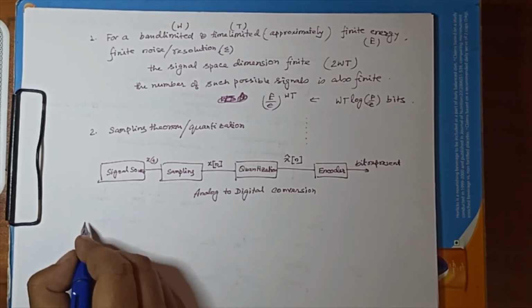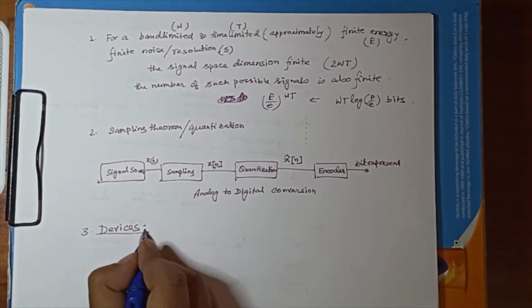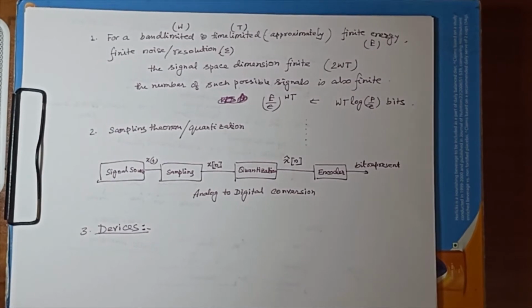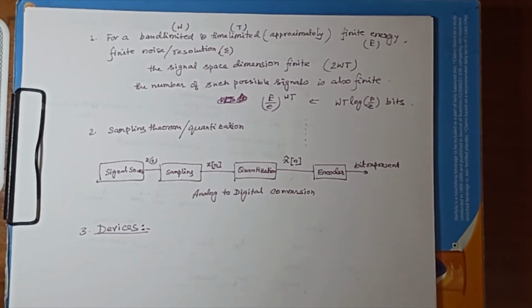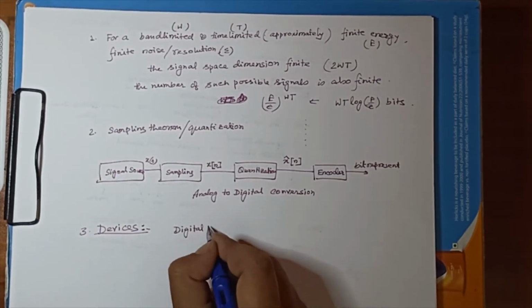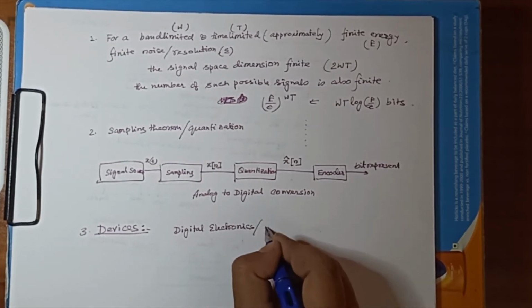Another big rationale is of course the devices, because we know that analog devices, be it a multiplier or a modulator or an oscillator or amplifier or filter, are expensive. Even when it started in the 1940s or so, it used to be expensive. But on the other side, the so-called digital electronics and integrated circuits grew.